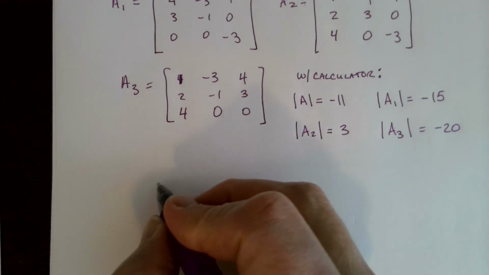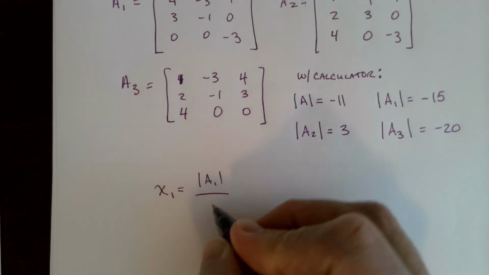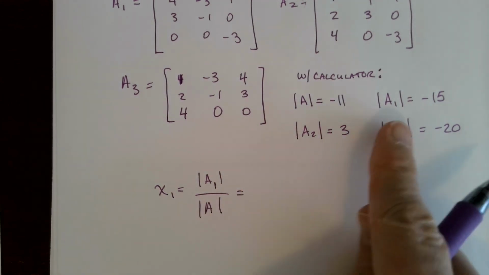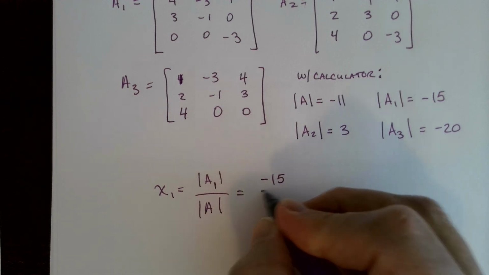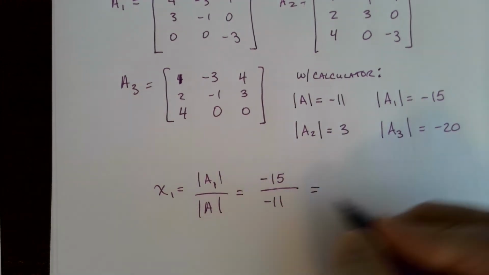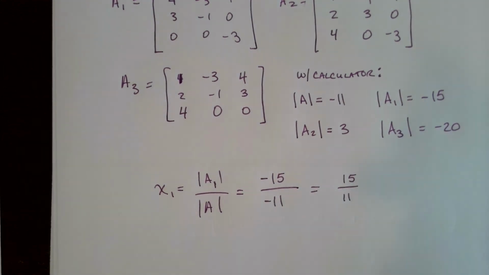There obviously is some computation involved in that, but to see how this works, we do that. And now it's simple to write out the solution. According to Cramer's rule, here is x sub 1, which is the determinant of A sub 1 divided by the determinant of A, which simplifies down to positive 15/11, negative divided by negative. So there's our x sub 1, already done.